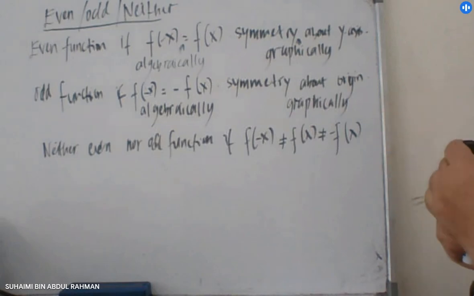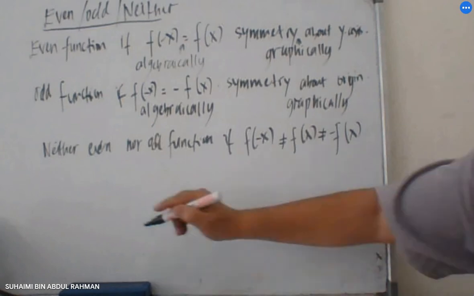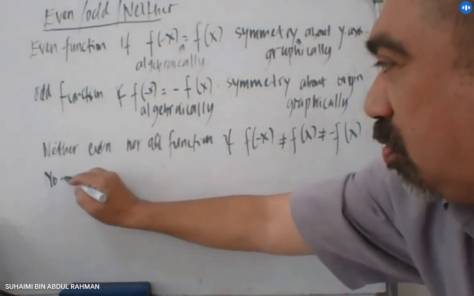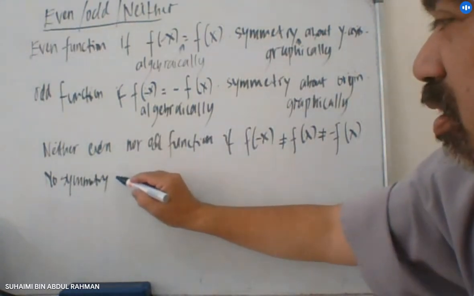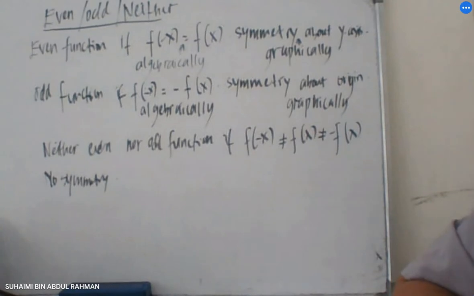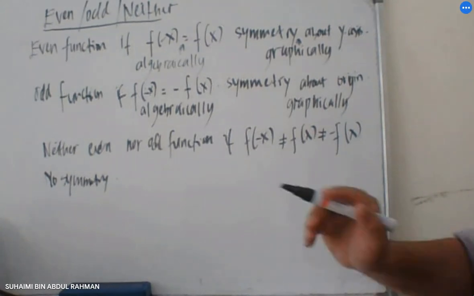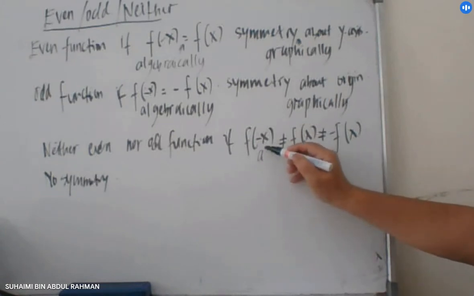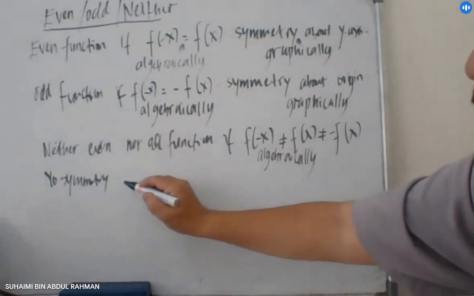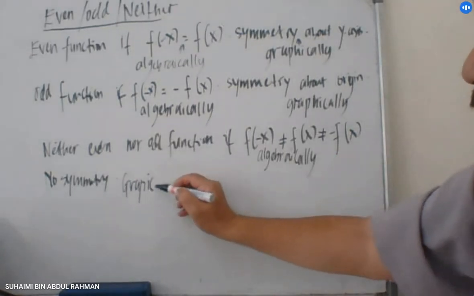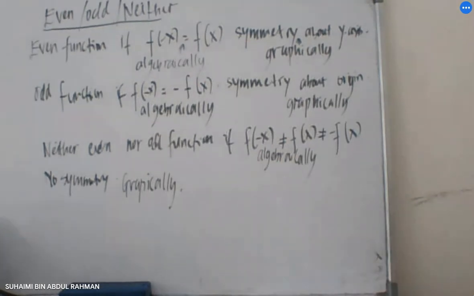Okay. And when we talk of our graph, the graph that has no symmetry, no symmetry. So this is the case of when we test algebraically, and this is the case when we test graphically. Testing about algebraically test or graphically test.